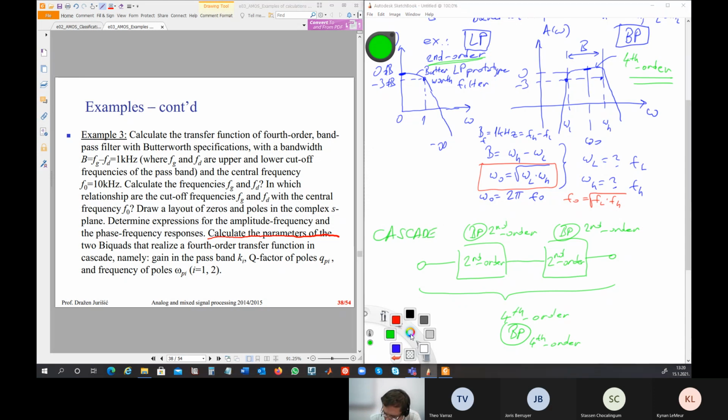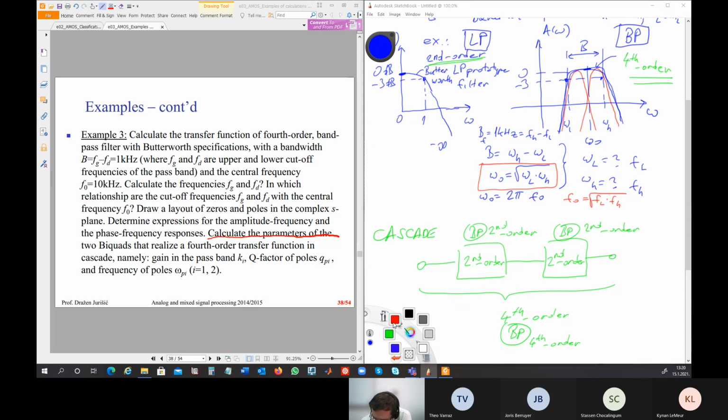It looks like the following. Here is one, and here is another one. If you have two second order sections in cascade, then you have these two red, and the resulting filter is the blue line here.